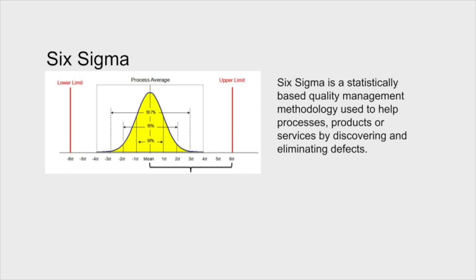As we move out, fewer and fewer items move away from the average. Many organizations are using Six Sigma to incorporate all of these statistical techniques that we've talked about here in order to ensure quality. So it's really a holistic process of quality control.